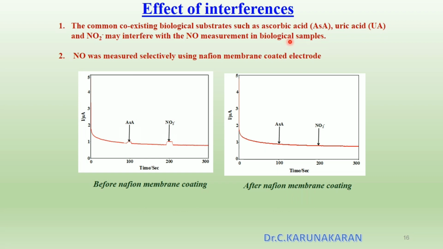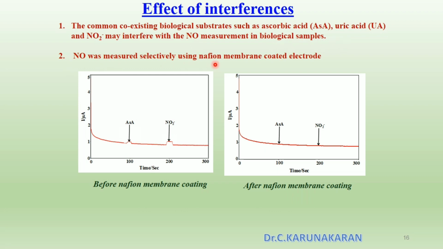They also undergo redox reaction at the electrode. Therefore, there are a lot of interferences. Even in our day to day life, there are a lot of interferences. Similarly, there are many interferences in biological samples.